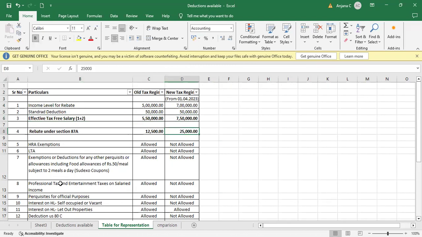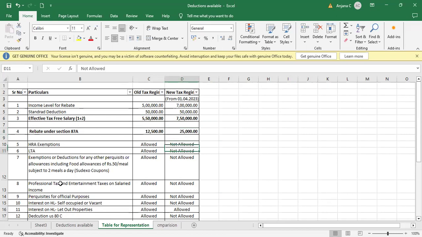Rebate under section 87A has been increased from 12,500 rupees to 25,000 rupees. Previously, the effective tax-free salary was 5 lakhs, 5.5 lakhs. Now it has increased to 7.5 lakhs. And similarly, rebate under section 87A has also been doubled.